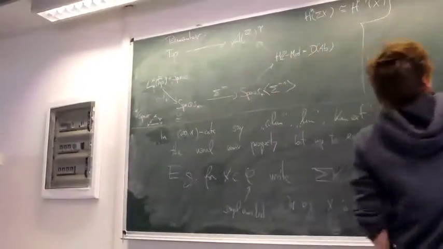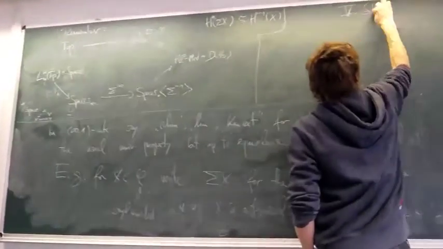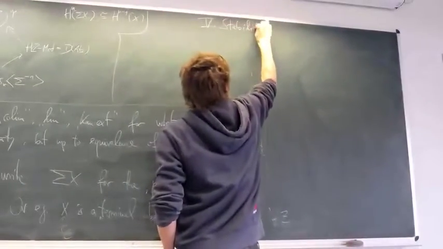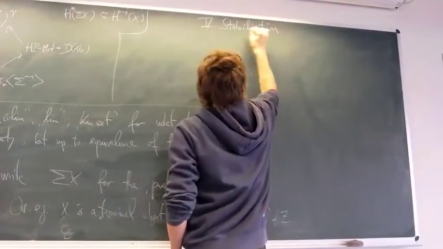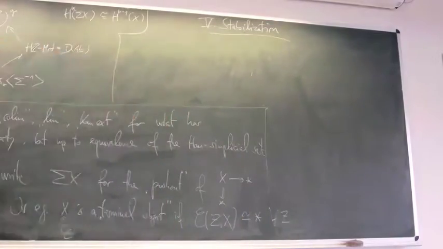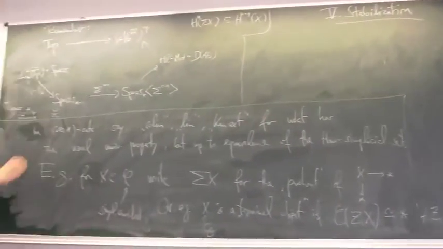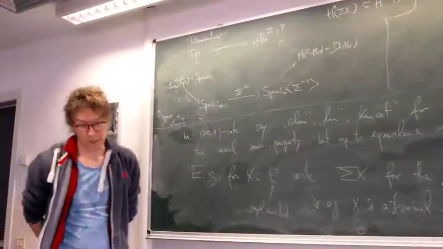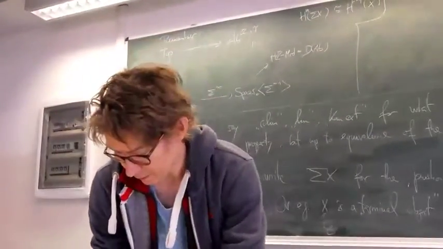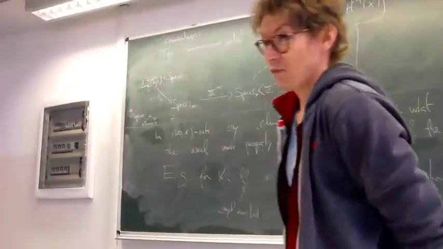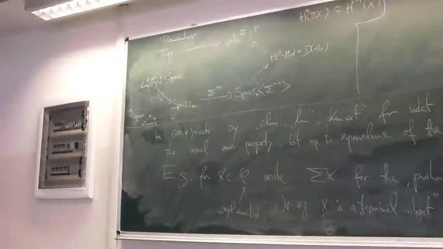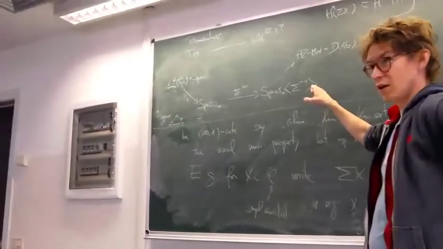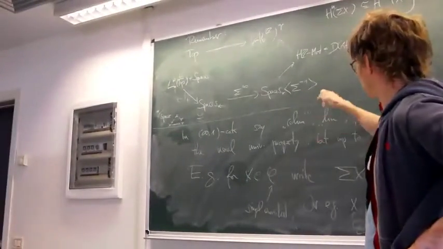So the next section is about stabilization, which is this process here. And what are the functors of spaces, sigma inverse to HC mod? So this I suppose is spectra, right?